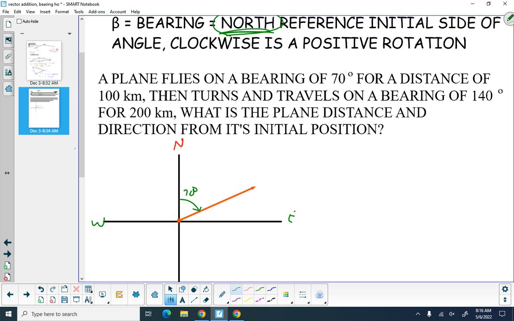At this point, we then turn and go on a bearing of 140 degrees for 200 kilometers. Now, what I suggest you do is the easiest way I have for you to get through these problems. Wherever we stop our first vector, draw another little axis there.